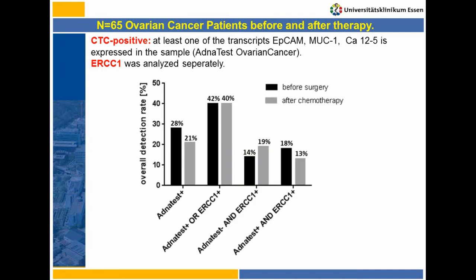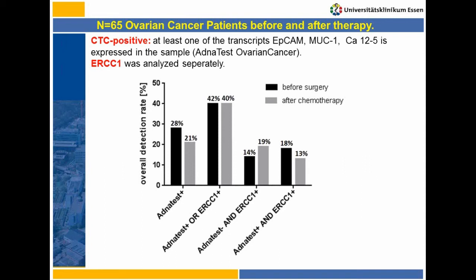So let me walk you through the data. If you look at the first two columns, this is, let me say, the old classical ADNA test ovarian cancer, where we detected CTCs in 28% of the patients before and in 21% of patients after therapy.